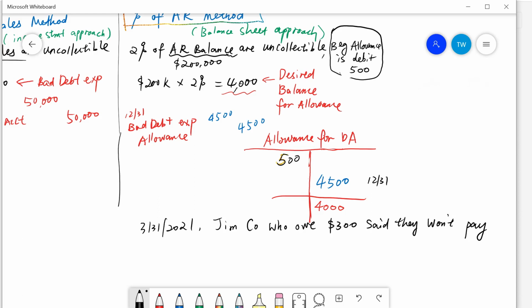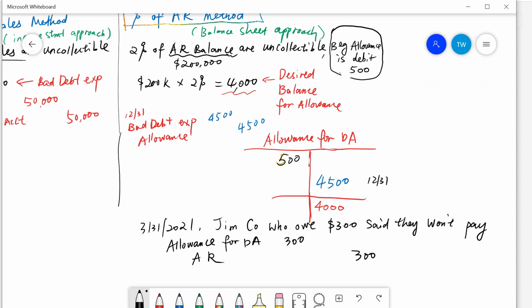So for that $300, this person will not be able to pay you. So you will use the allowance for doubtful accounts, and then you will remove his accounts receivable, $300, because there's no reason to leave the accounts receivable there if he will never pay.